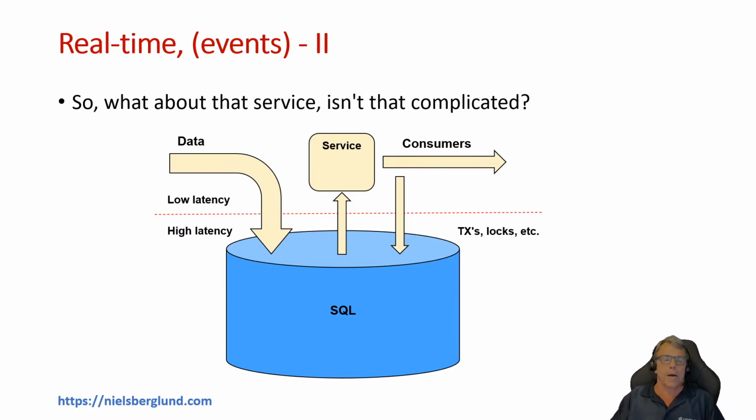But isn't the service then complicated? Yes, it could be complicated, because we need to create something our consumers can connect to, and we need to make sure that the data coming into the service goes to the right place, etc. So yes, it could be complicated. However, that's now where Kafka comes in. Kafka is built for this.